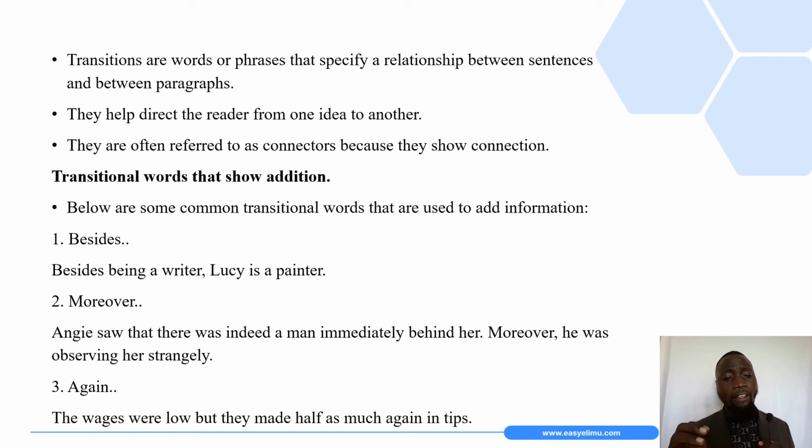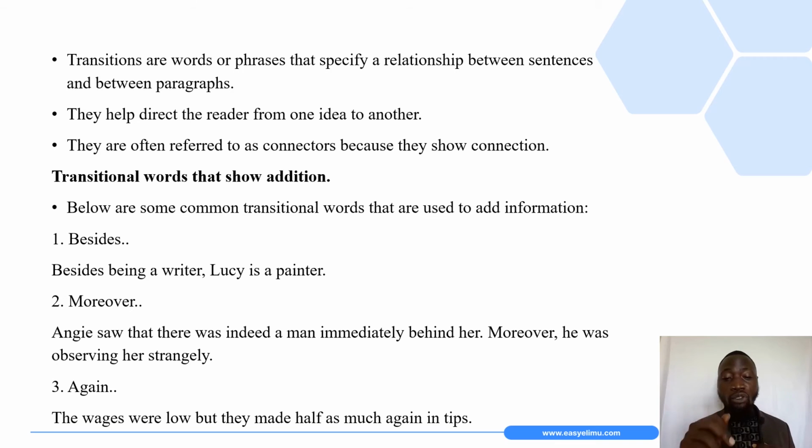And another thing, we can also assume that the workers made half as much as the wages in tips. So those are two ideas. The first one is the fact that the wages were low. Then the second idea is that the workers made half as much as the wages, that is, in tips.